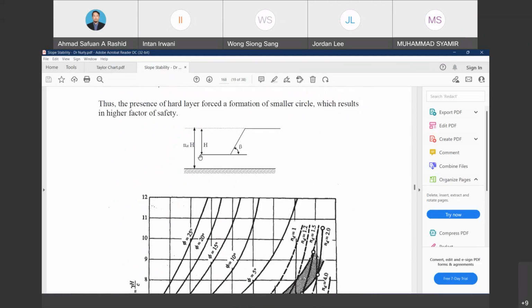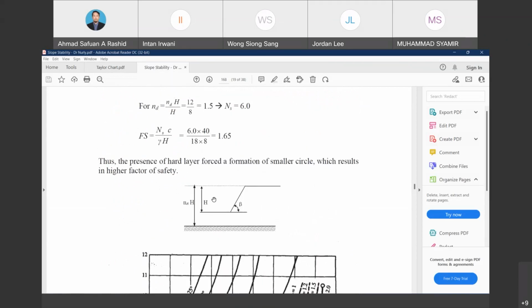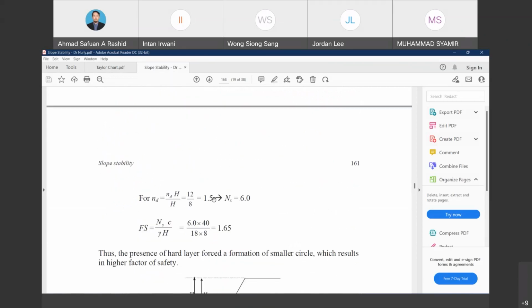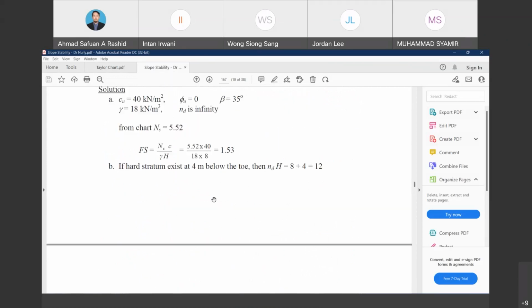I'm not sure why the author uses infinity, because he mentioned here that the hard stratum rests below the toe. It's supposed to be H over H. Let me read again.